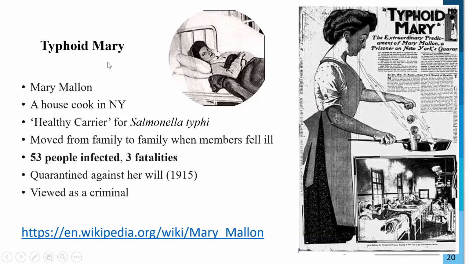Okay, so this lady is known as the typhoid lady, Typhoid Mary. Her name is Mary Mallon. She was in New York, and she used to be a cook. This lady was a carrier for salmonella, but she didn't know it because she didn't have any symptoms. She was perfectly healthy.